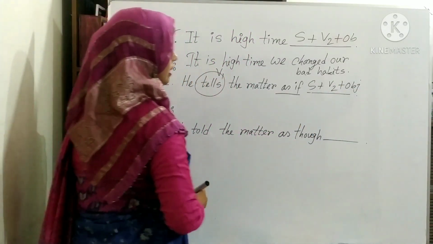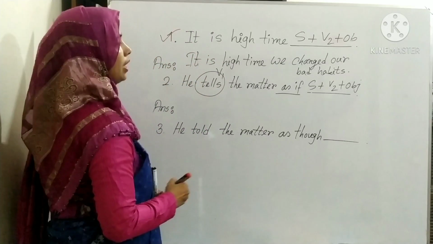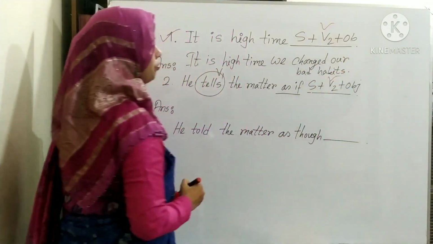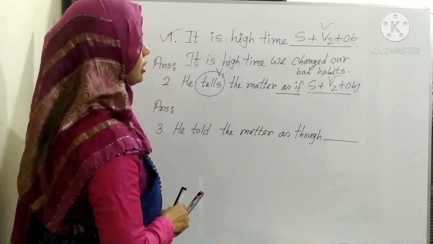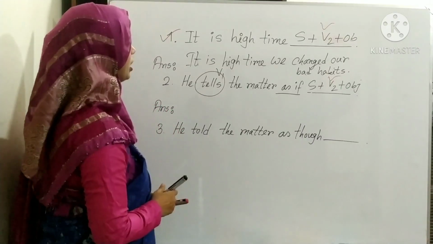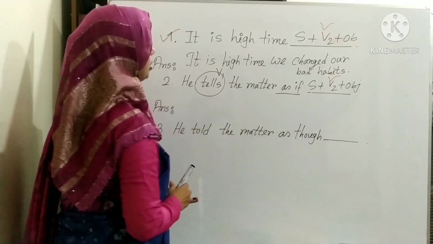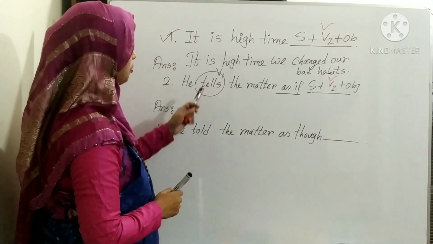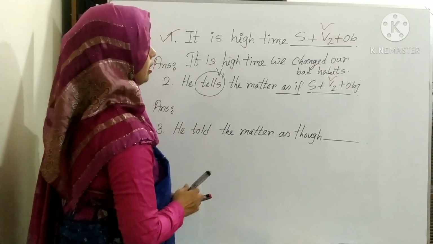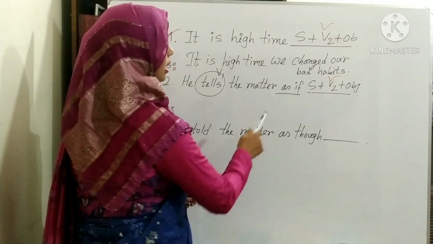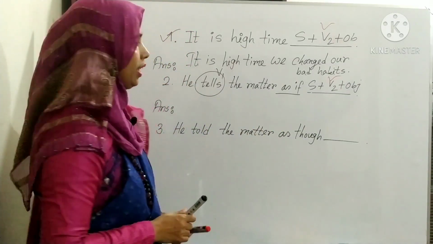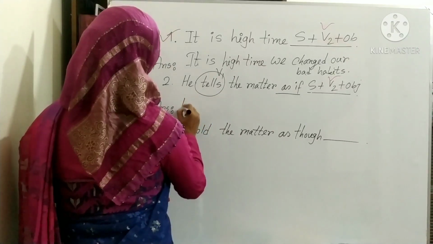So here you are seeing that we are starting with the appropriate verb. That means here we can see that we are using the right form of verb. Okay, when you find V1 before as if, that means the present form of verb, you will write after as if the clause with V2 verb.